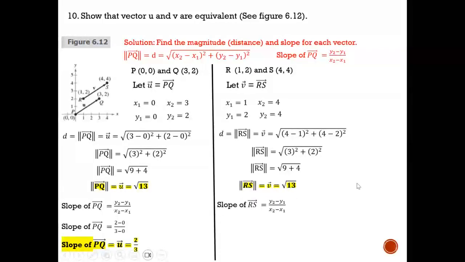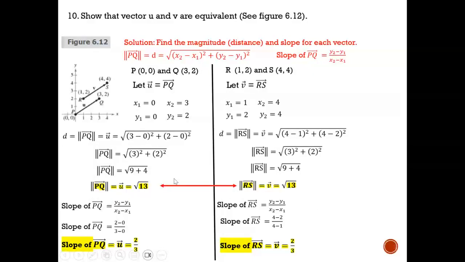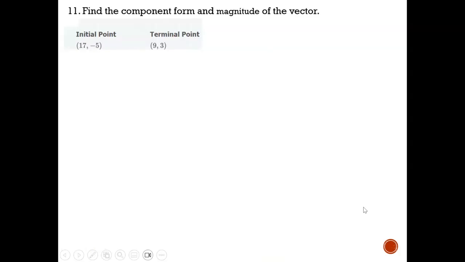Now for the slope, same thing: 4 minus 2 over 4 minus 1, which gives us 2/3. You see, guys, they're equivalent. Why? Because they have the same length or magnitude and the same slope. That's why they're equivalent.